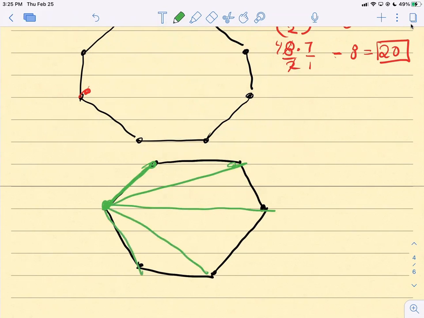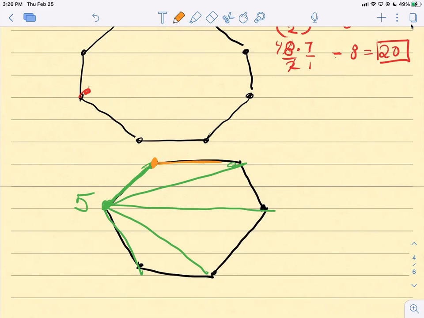So this guy has 5 connections he can make. Then the vertex that's clockwise 1 step, how many new connections can it make? How many new friends can it shake hands with?